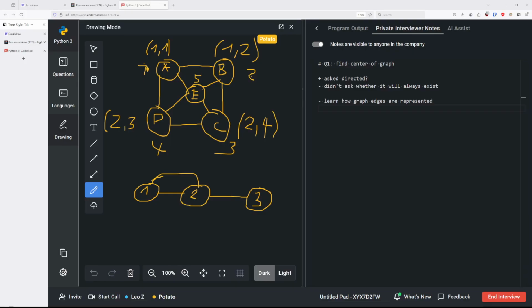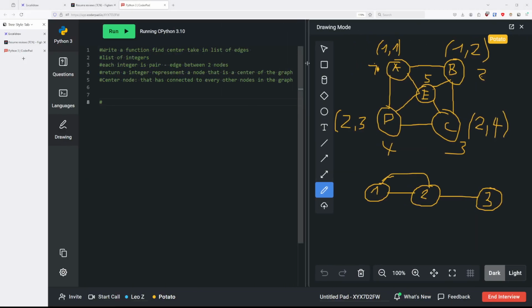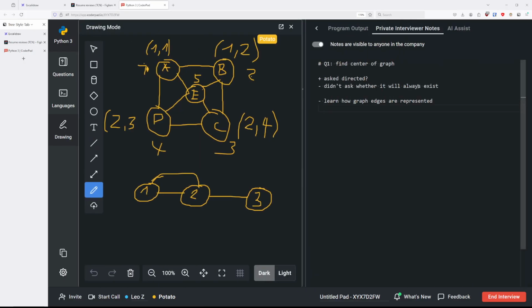If the nodes aren't connected, there can't be a center. Remember, the definition of the center that I gave is that a center node is connected to every other node in the graph. Hmm, that should be undirected. Yep, that's true.